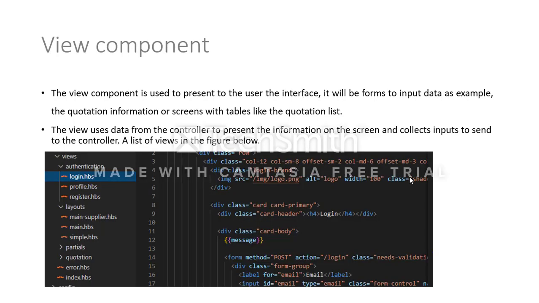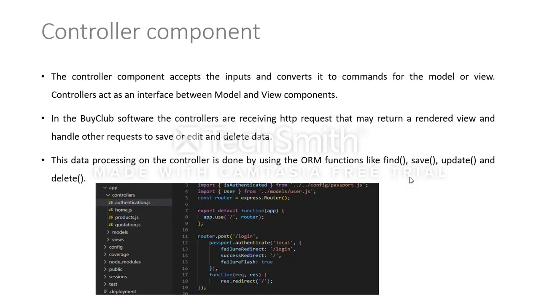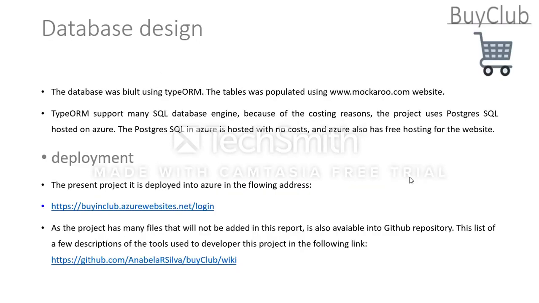The view component is used to present the interface to the user. It will be forms to input the data, for example the quotation information, or screens with tables like the quotation list. And the controller component accepts the inputs and converts them into commands to the model or view. Controllers act as an interface between the model and the view component.